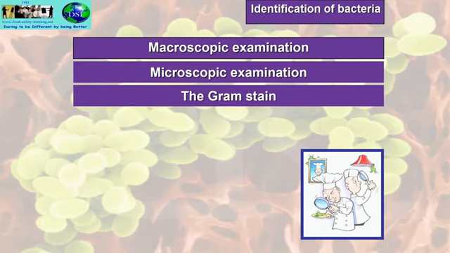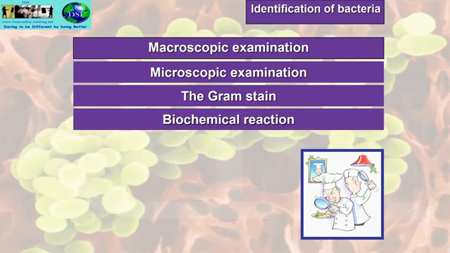This is, we can tell if it's gram negative or gram positive. And Gram's a scientist that invented this process, where you use a certain stain for bacteria. Certain bacteria will hold on to the stain, and other ones will not hold on to the stain. So you can tell by the different colours.